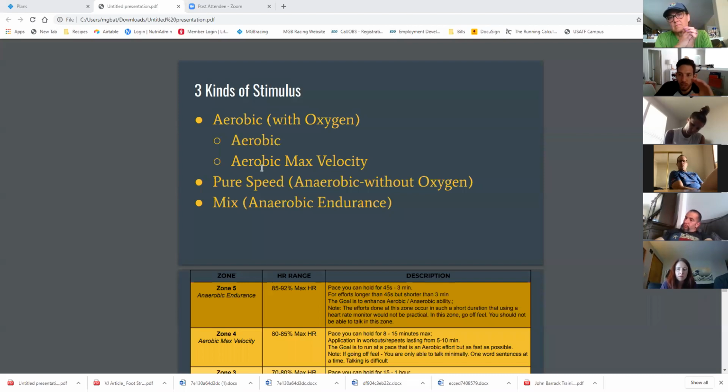Aerobic max velocity is basically one of the major barometers of performance when it comes to understanding how fast you're going to run. Usually there are coaches who say, based on this workout, I think you could run X, and they're getting that because of the aerobic max velocity.